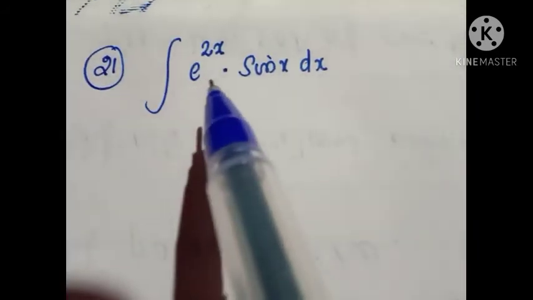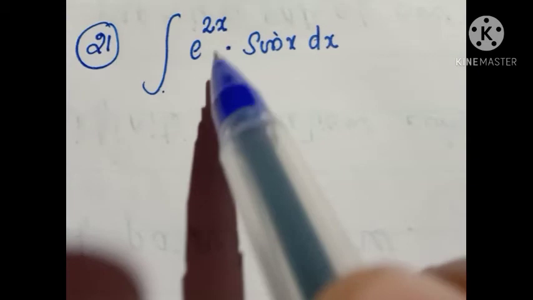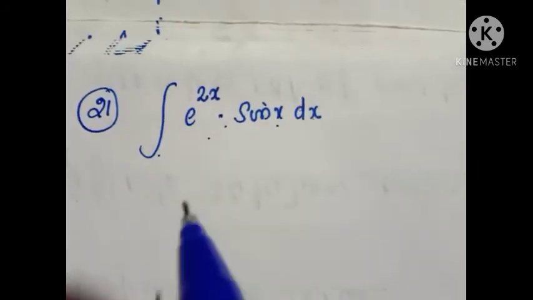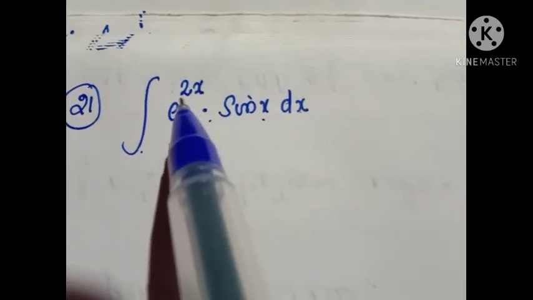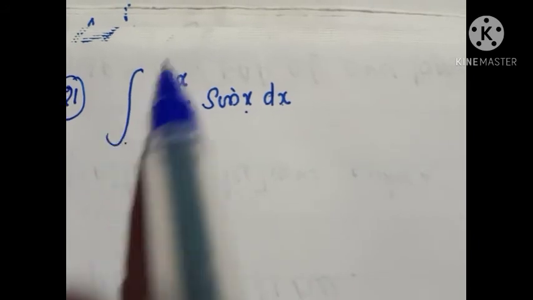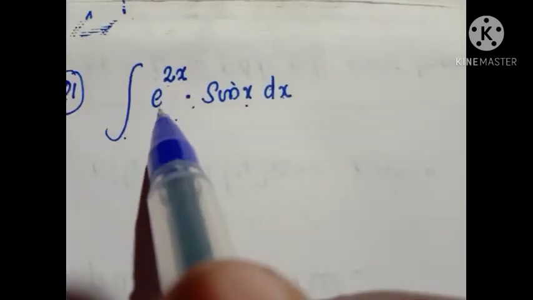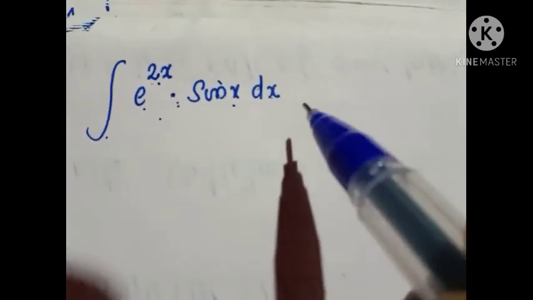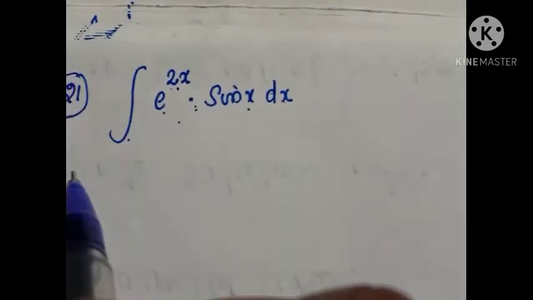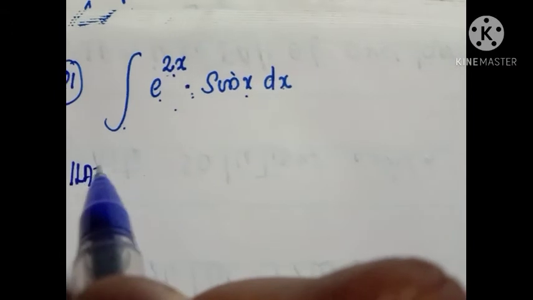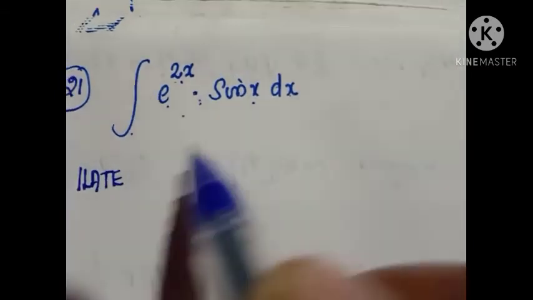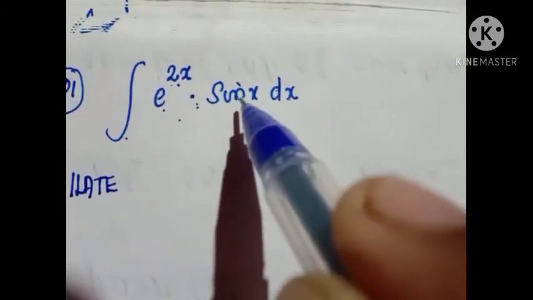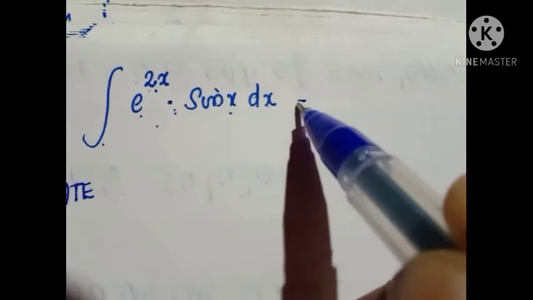Now see this problem, integral e raised to 2x into sin x dx. See here it is e raised to 2x, not x. Okay, e raised to 2x into sin x. So, we need to follow the ILATE rule. As per this rule, we need trigonometric function firstly, then exponential function.